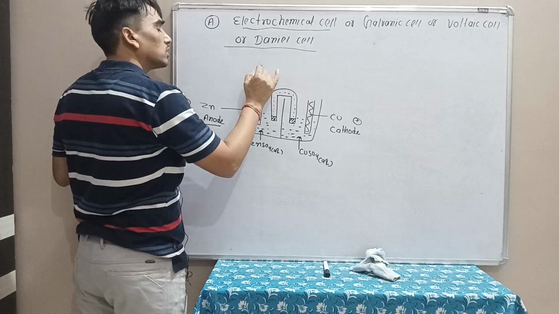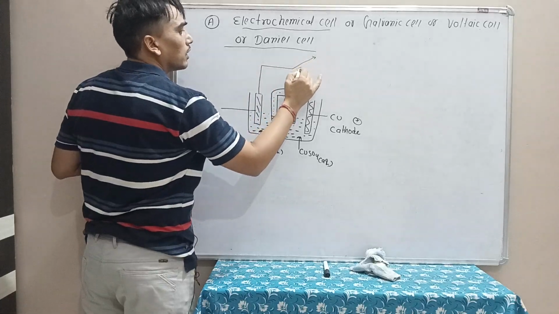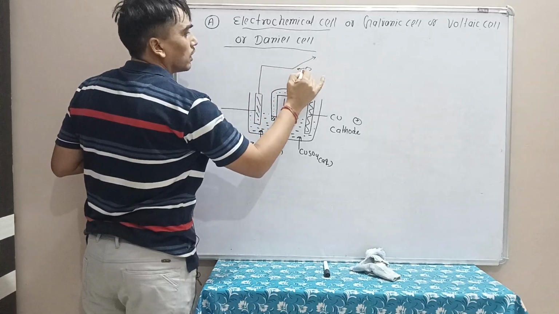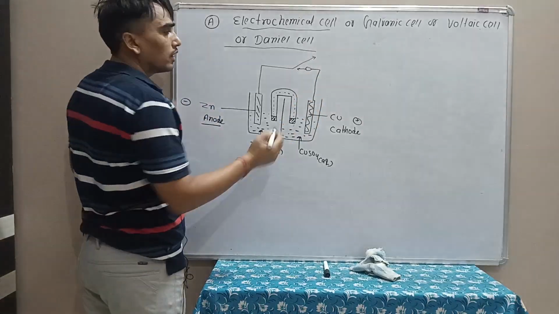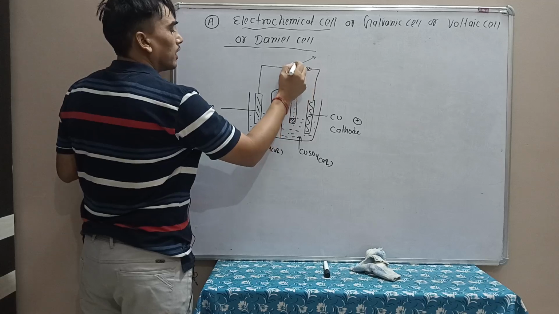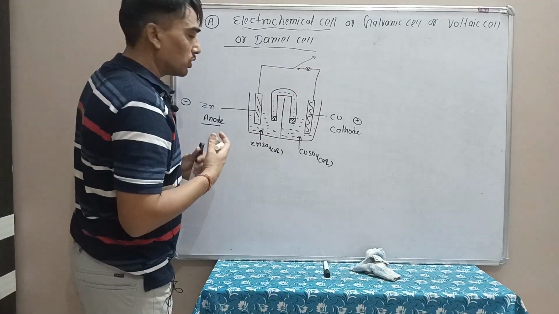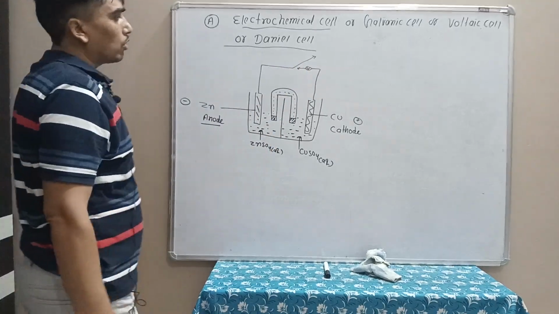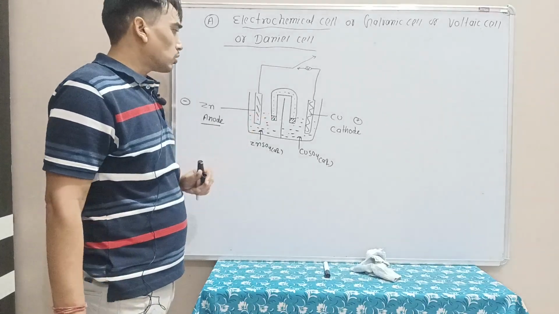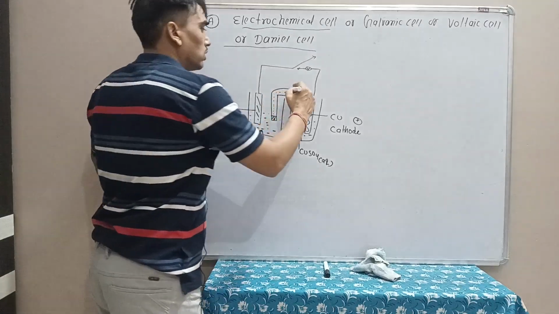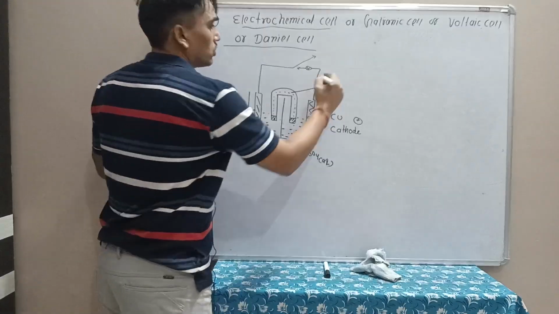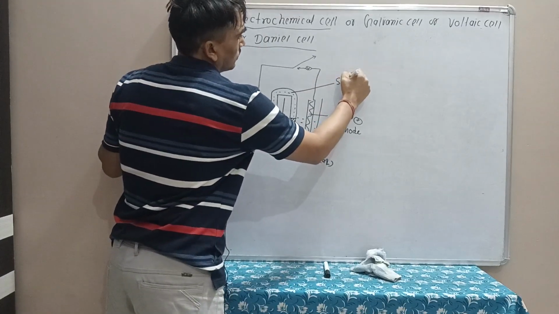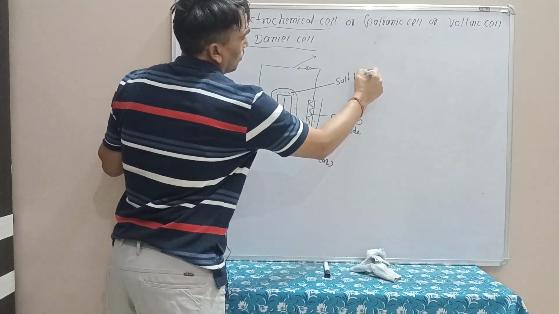Both electrodes are connected by a conductive wire, and this is a voltmeter, and there is a switch. This U-shaped tube acts as a salt bridge.